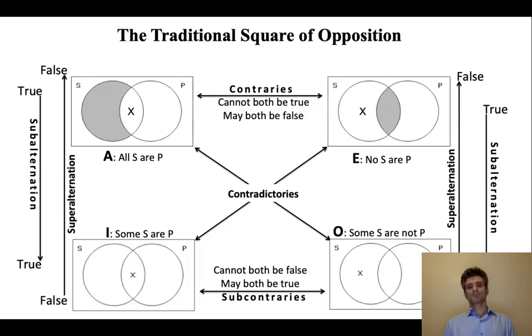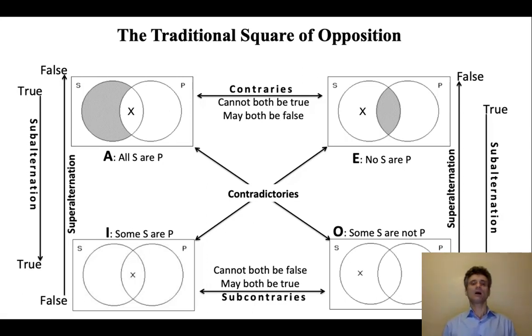Now, I hope you noticed something amiss, something that shouldn't be there. And that is, if you said that there are too many X's, you're right. Now, I have been talking about the A form and the E form, and I've been using Venn diagrams that do not show an X. Okay?